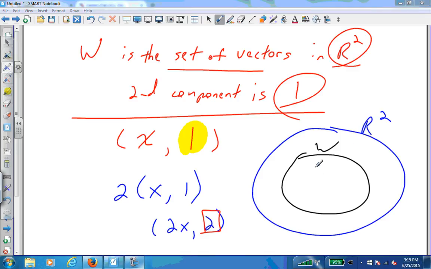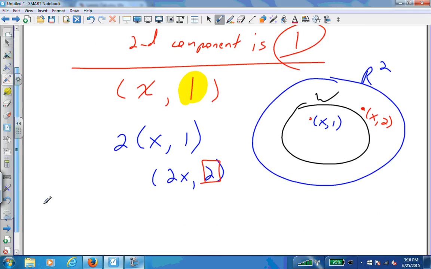So we picked a random point, x1. If we double that, we get a point that's not in W. It's still a two-dimensional vector, but it's a point that's outside of W. And W is not a subspace.